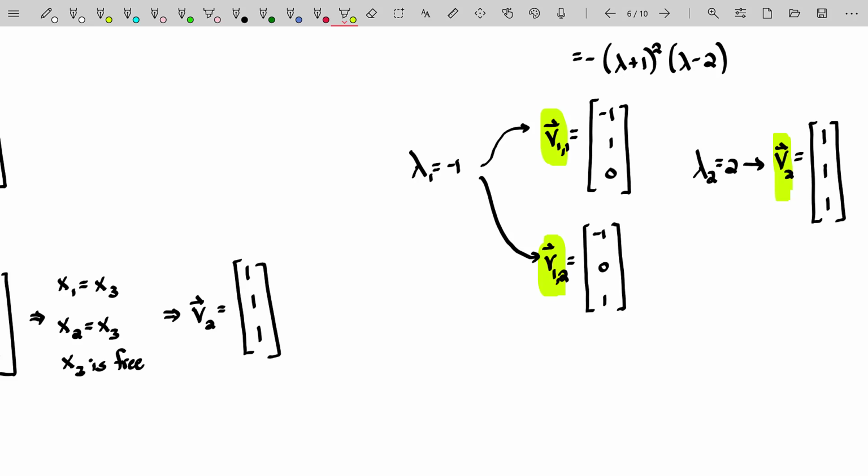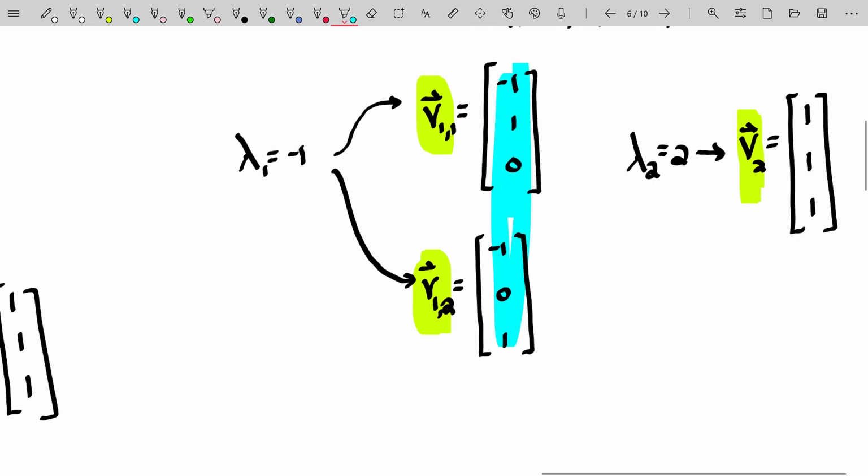Take the dot product of v sub 2 with v sub 1,2. You get negative 1 plus 0 plus 1, which again is 0, and therefore they are orthogonal. This group of vectors and this vector are from completely different eigenspaces, and by theorem 1, they have to be orthogonal, and they are.